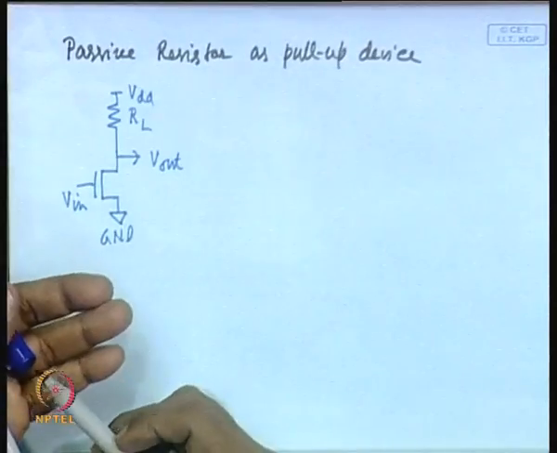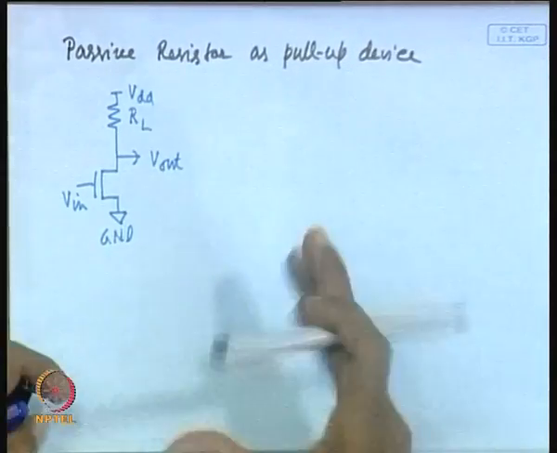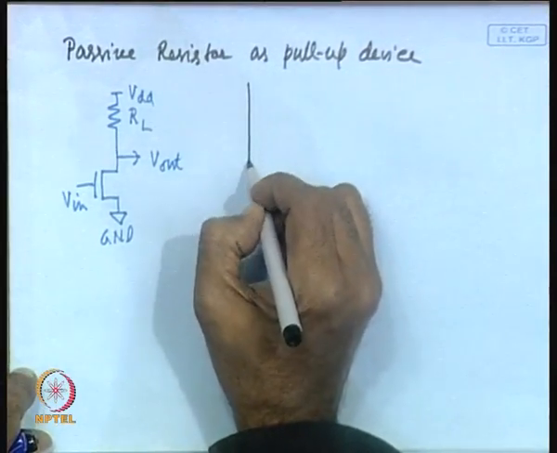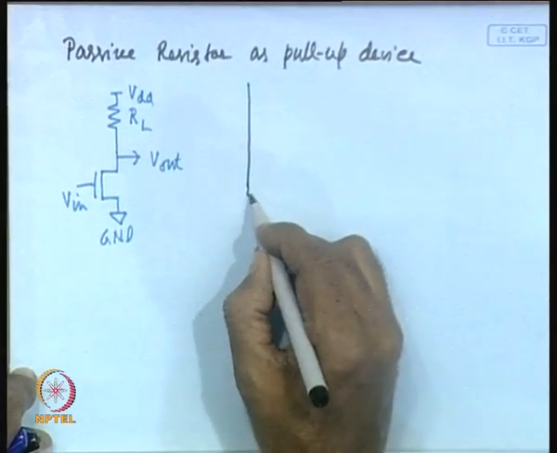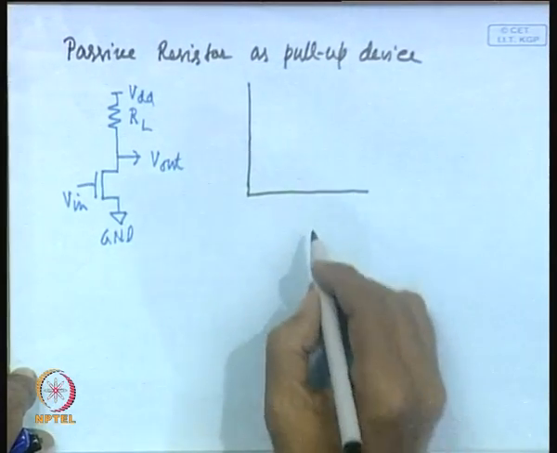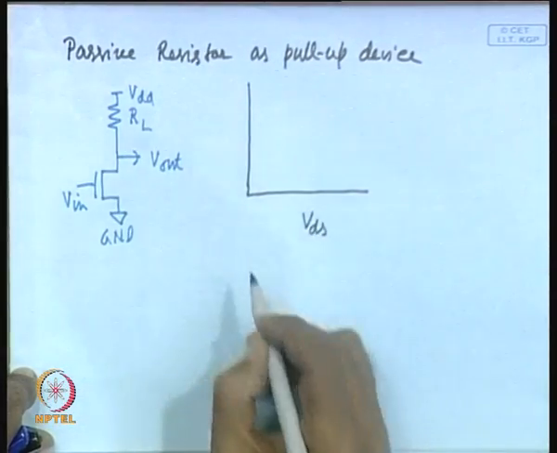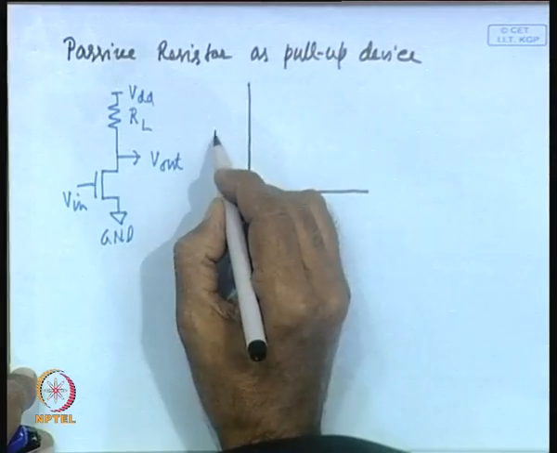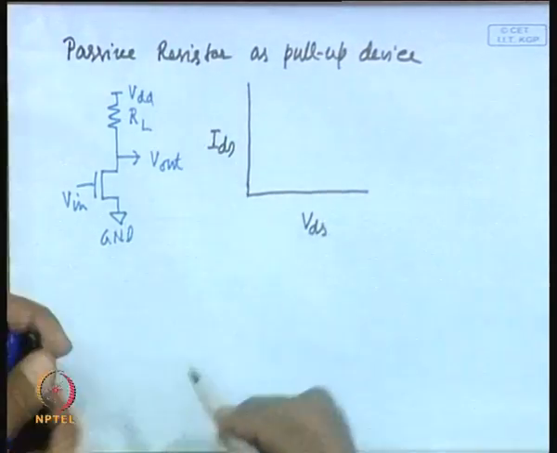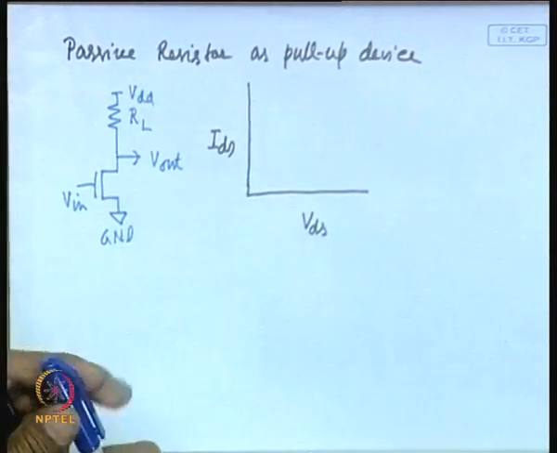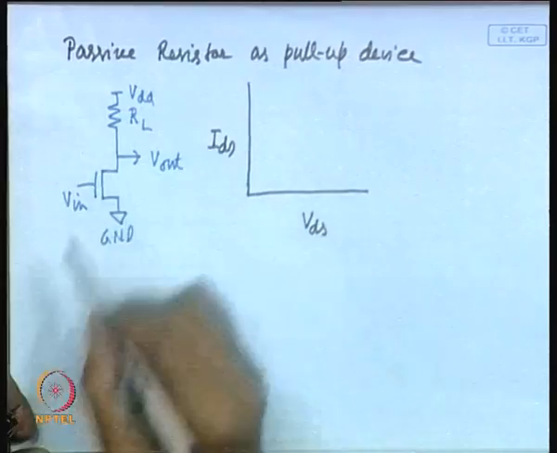For that purpose, you can plot a curve where the x axis will be VDS and the y axis is say IDS, and you already know the characteristic of an NMOS transistor.